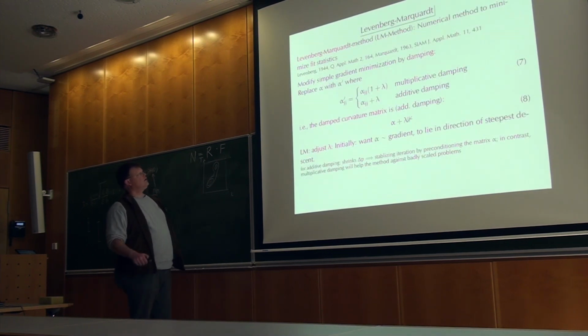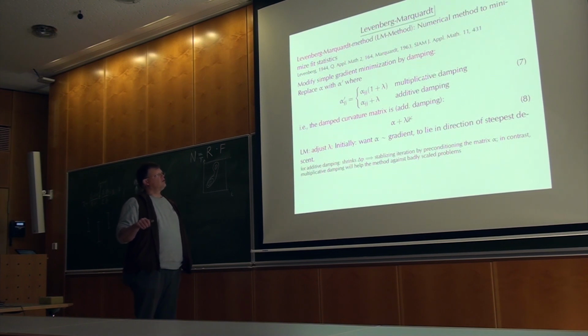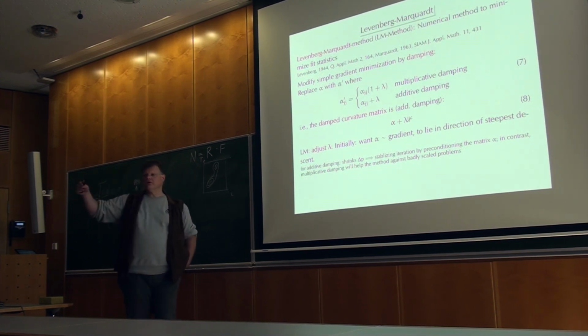Yes, and so that is why there are two ways of doing things. One is called multiplicative damping, and one is called additive damping. What is usually used in many data analysis packages is multiplicative damping. I was jumping over this a bit too fast, perhaps. The idea really here is you very much emphasize the diagonal matrix, and one can show if one uses a method like this, you precondition the matrix.